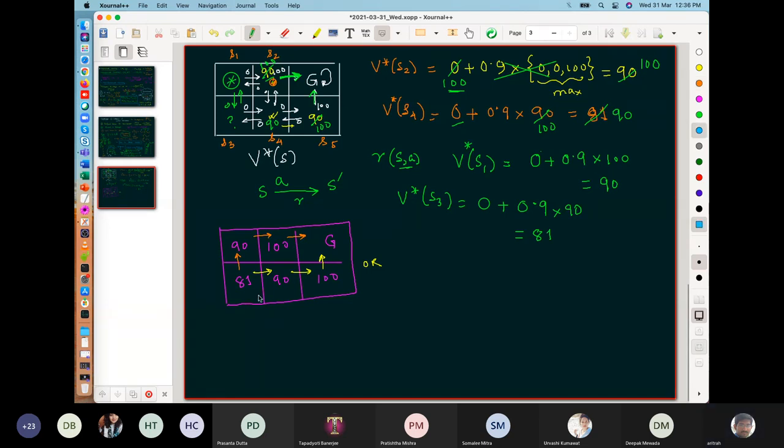Or I can go this way, this way, this way. Among the next neighbors that I can reach, 90 is my best option. From here, this 100 is also my best, and this 100 is also my best. So note that there could be alternative best policies, right, if we do these value iterations. Agreed till this point?